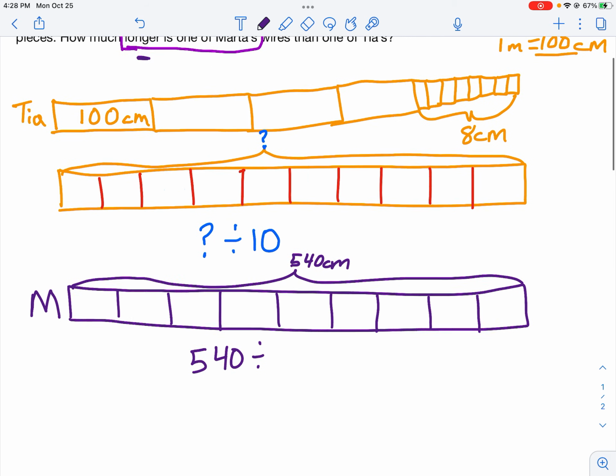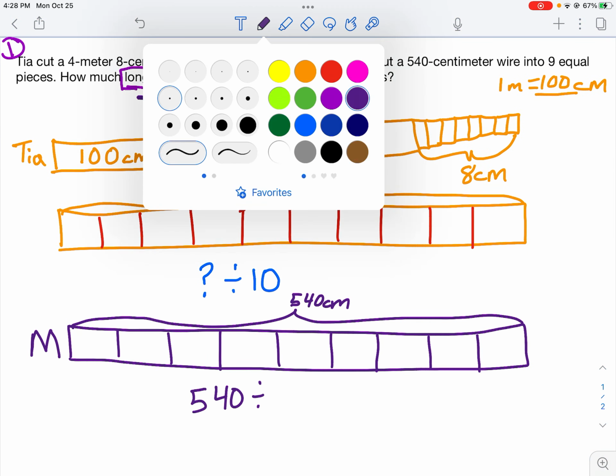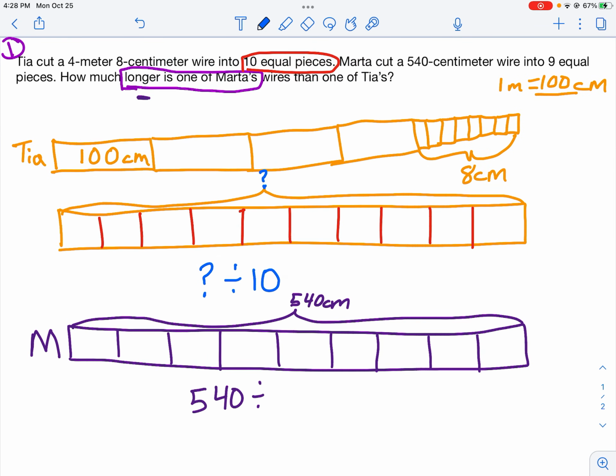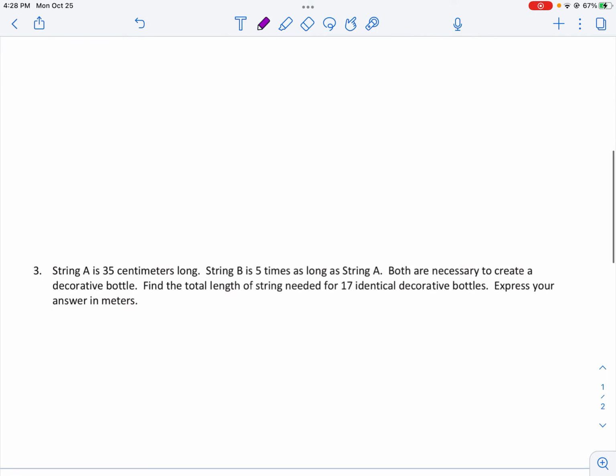And after you get those two answers, your blue answer for Tia and your purple answer, as I'll call it, you're going to see how much longer Marta's wire is than one of Tia's. Should figure out what that is.